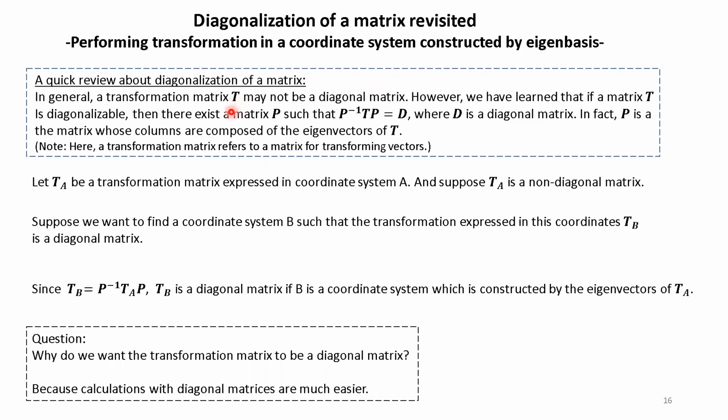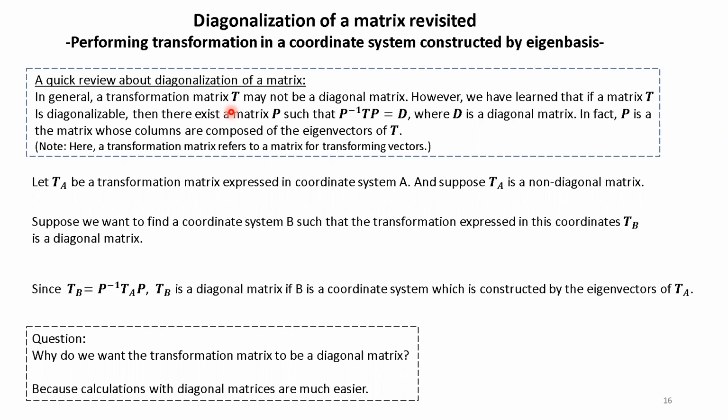In general, or most of the time, a transformation matrix T is not a diagonal matrix. Just like rotation. Scaling is a diagonal matrix, but rotation is not a diagonal matrix. So many transformation matrices may not be diagonal.